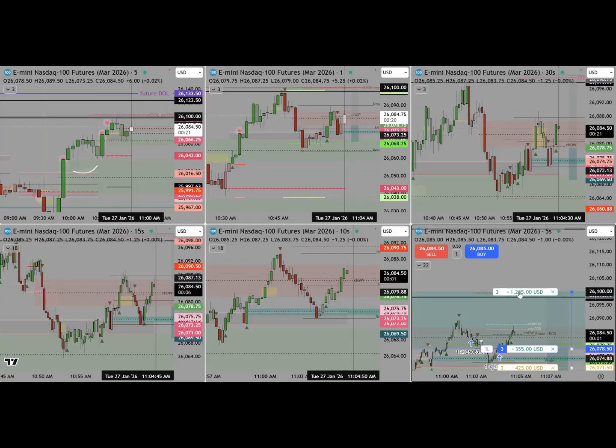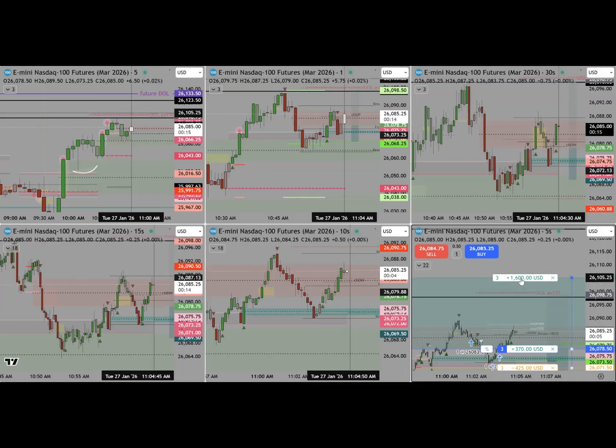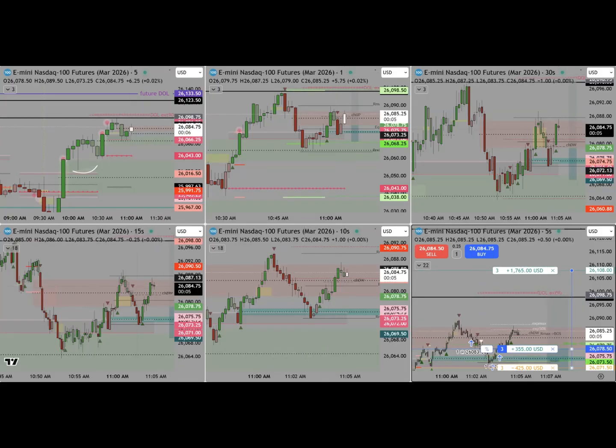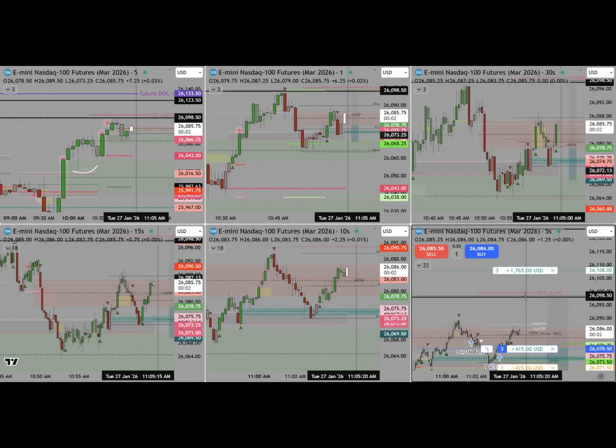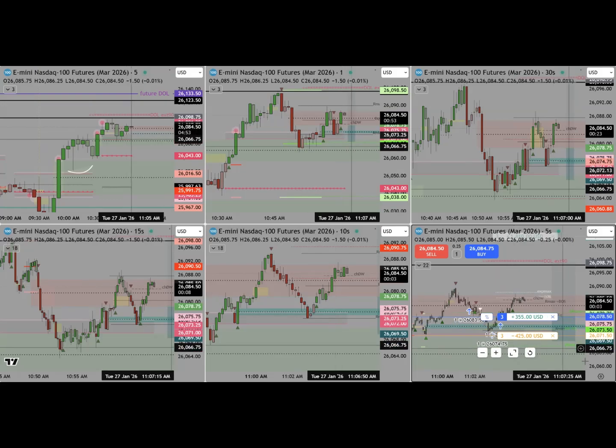It's decent, but I'm expecting this to reach a bit higher. Let's put it over here. How many pips are here? 10 pips, yes, right there.